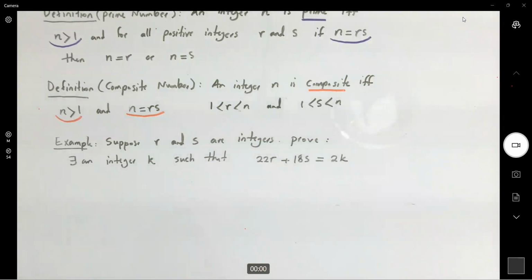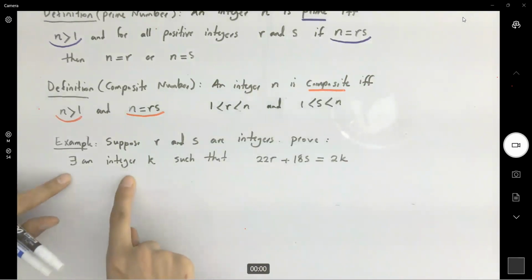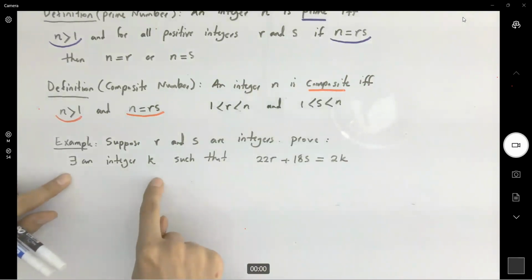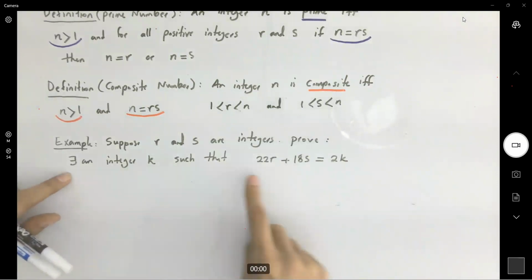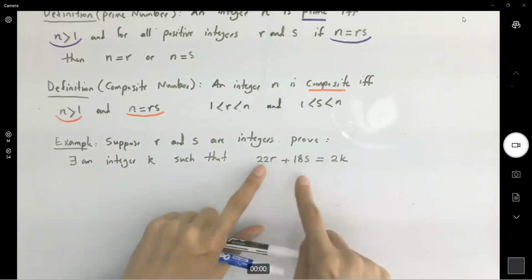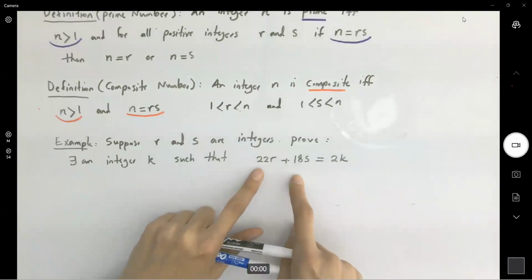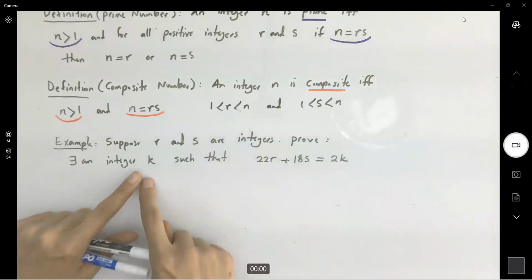Very good. We want to find that integer k such that if you multiply k by 2, it's equal to the quantity on the left-hand side. What is that specific k?